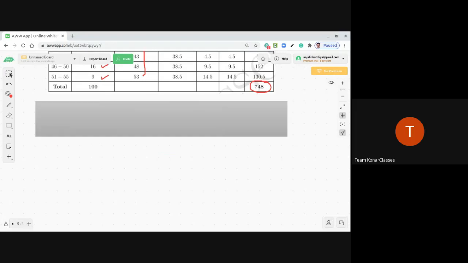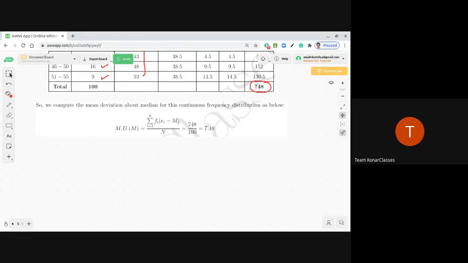So we are done with today's class. Before we start our next class, I would like to tell you the disadvantages, the limitations of mean deviation. These limitations lead us to discuss a new topic in the next class.